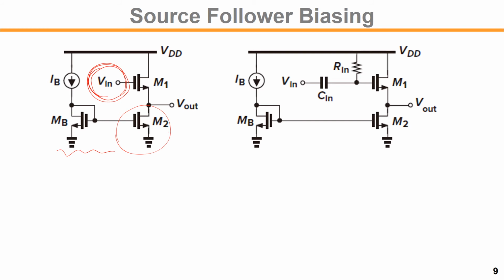The easiest way to ensure that is to bias the gate voltage to VDD by connecting a large resistor there, so that this voltage is the same as VDD, and then we add the AC coupling capacitor, so the signal comes in on top of VDD.